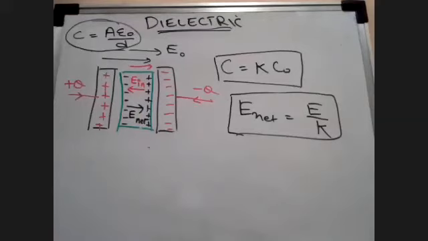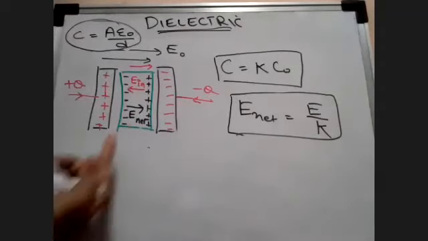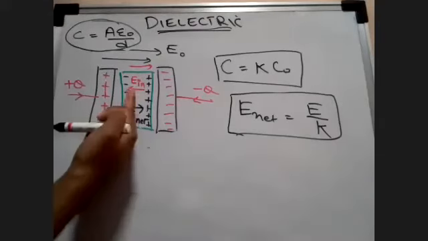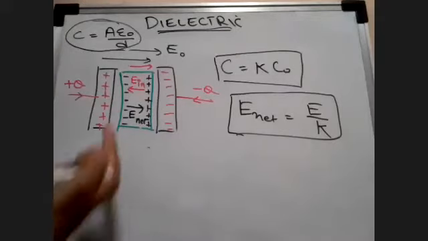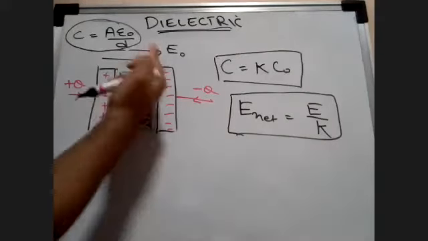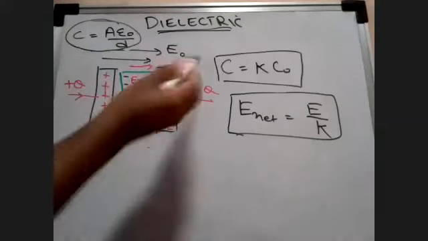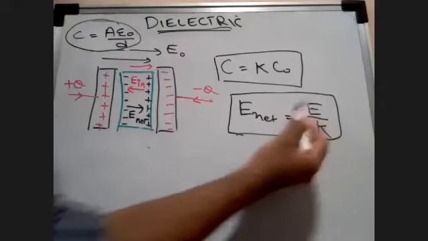And experimentally we have come to know that the net field is not zero, because there are charges inside, so there will be a net electric field. That net electric field is going to be the difference between the external electric field and the induced electric field. Later on we saw that the net electric field is going to be somewhat less than the electric field which is externally placed. So this net electric field is basically 1 by K times the external field.